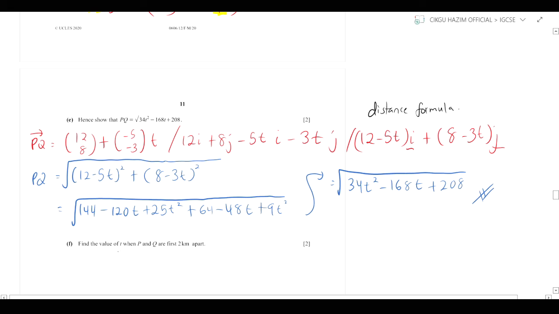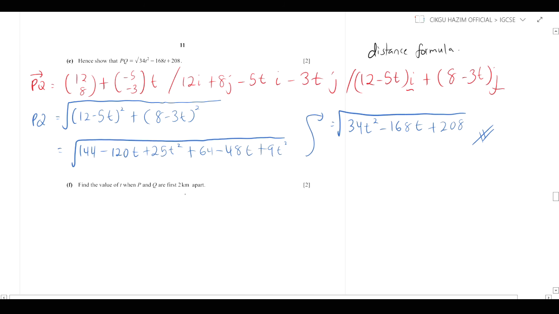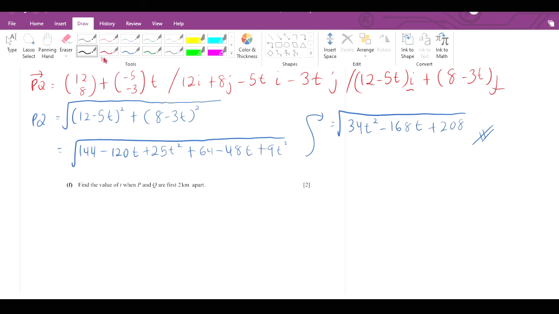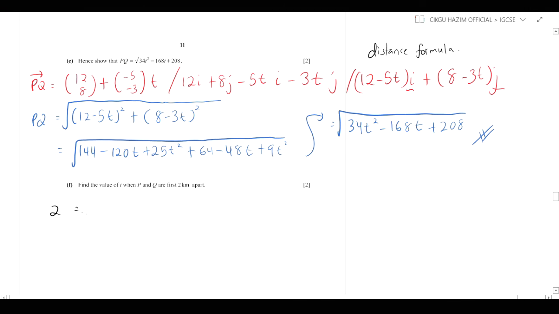And find the value of t when P and Q are first 2 km apart. When they say 2 km apart, the distance of PQ is 2 km. That means 2 is equal to the square root of 34t squared minus 168t plus 208. Squaring, we get 4 equals 34t squared minus 168t plus 208.